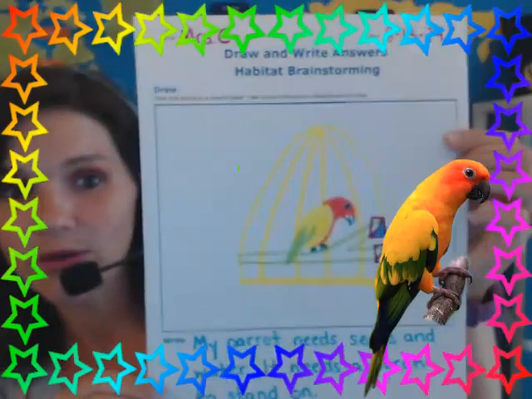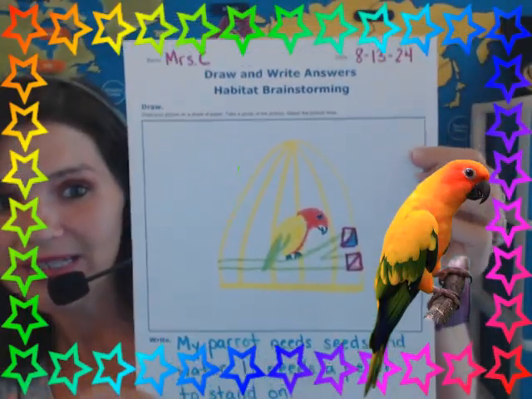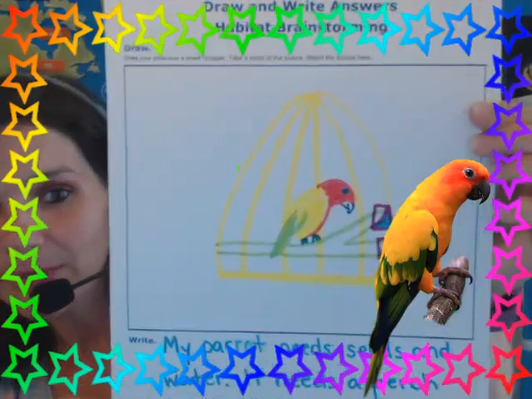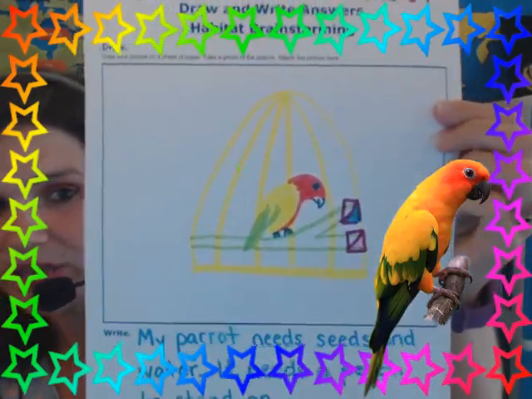Here's my example. I didn't choose a lizard or a bunny. I chose a parrot. So right here, my little parrot buddy is with me. This is a sun conure. It's a medium-sized parrot, not too big, not too small. And here is the worksheet I printed out. So you can see I wrote my name at the top, Mrs. C, and I wrote today's date. And here is a picture I drew. So this is my first idea.